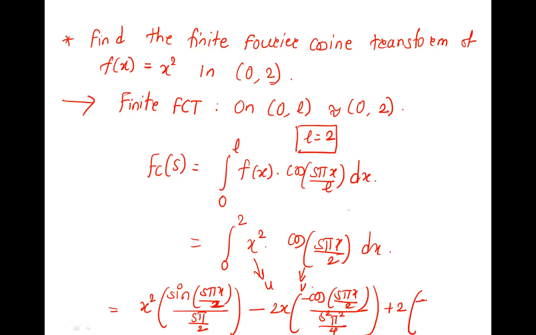So minus as it is sine(s pi x upon 2) upon (s pi by 2) cube, s cube pi cube by 8. And it is complete here. So from 0 to 2. If the upper limit is 2 for x, the 2 gets cancelled and sine s pi. Or you can write sine s pi.